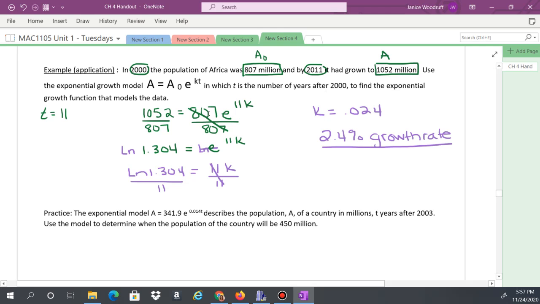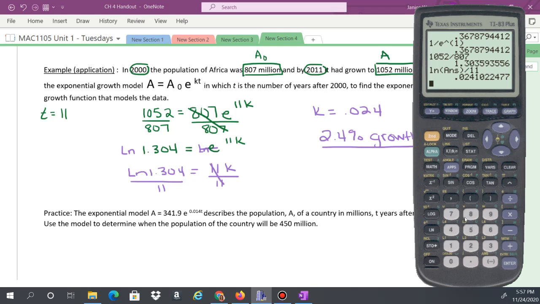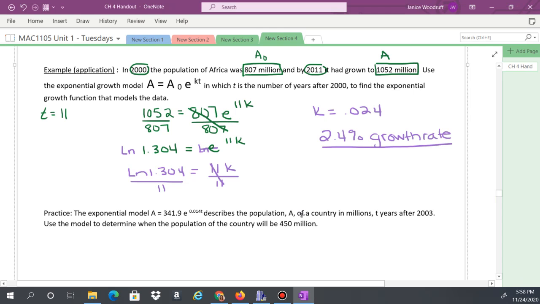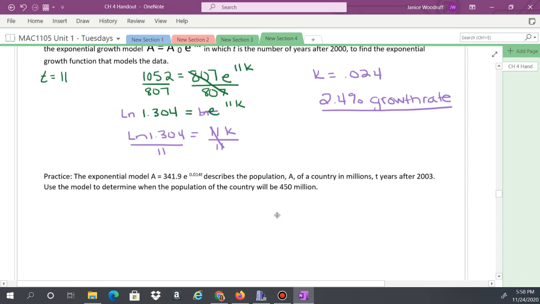And you can go ahead and check that. Do 807 times e to the 11 times this answer here, and we get 1,052. So go ahead and try this practice problem real quick, and then we'll go over it.